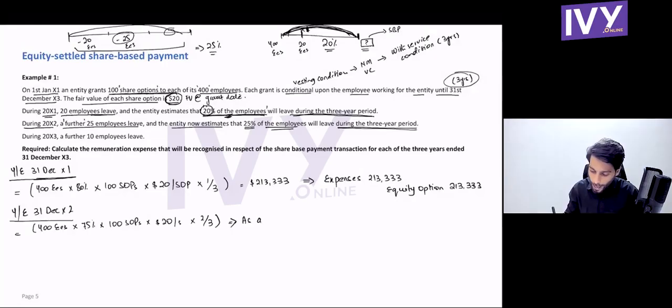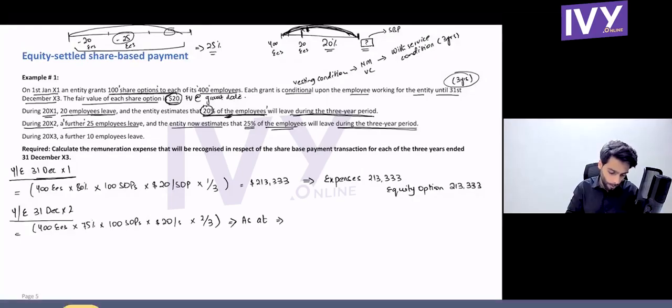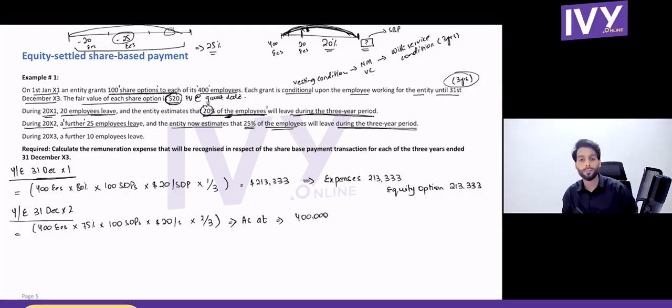When we do 2 by 3, we get a cumulative number of 2 periods. That is, we get an as-at number, and let me just calculate it for you. So it is 400 into 75 into 100 into 20 into 2 by 3. It is an as-at figure of 400,000.